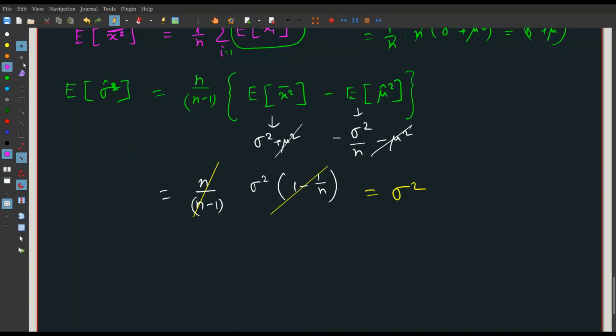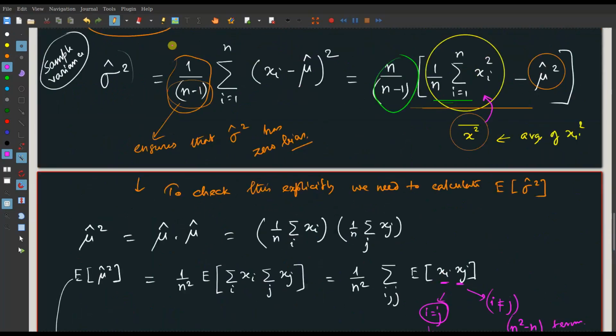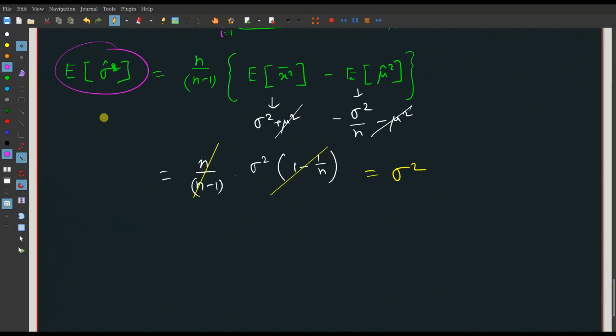So you see that if you define sigma hat square in the way I did, with a denominator of n minus 1, then this becomes an unbiased estimator for sigma square.